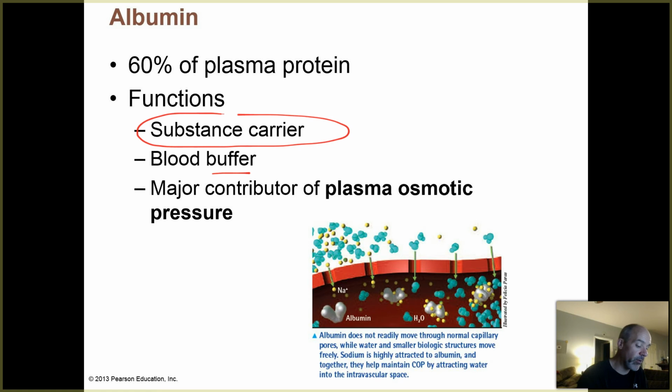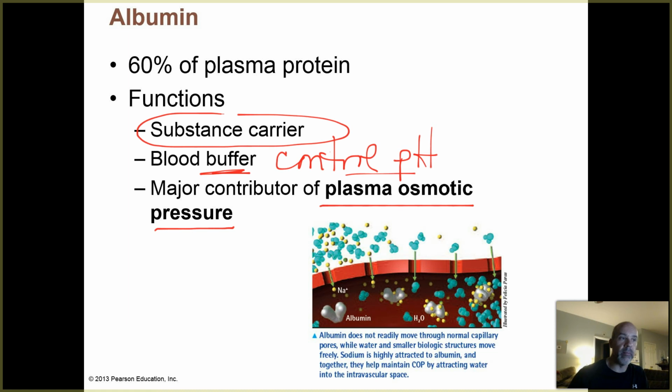Albumin also helps buffer. Remember, a buffer is something that helps control pH. And albumin is a major contributor of plasma osmotic pressure, because these albumin proteins stay in the blood. They don't move out into your interstitial spaces all that well.